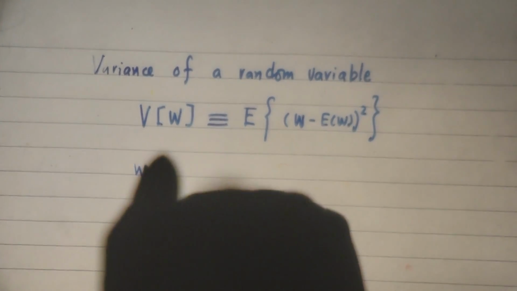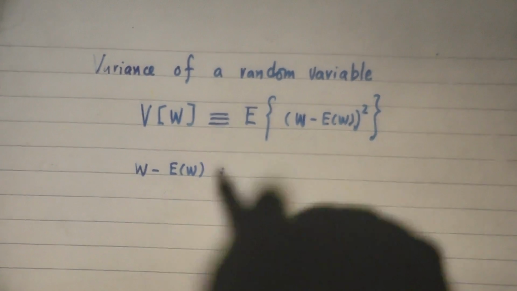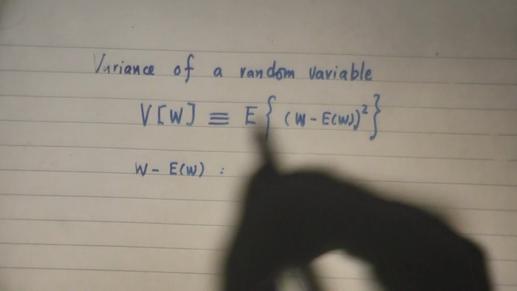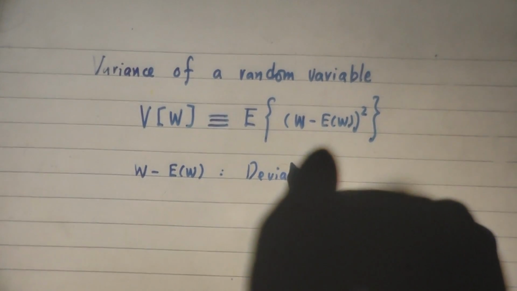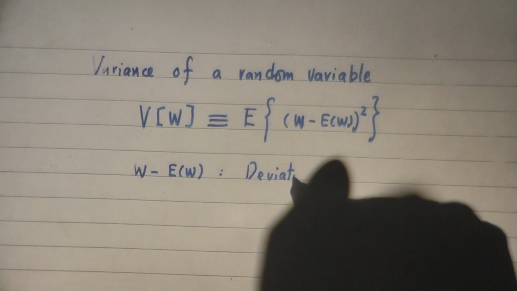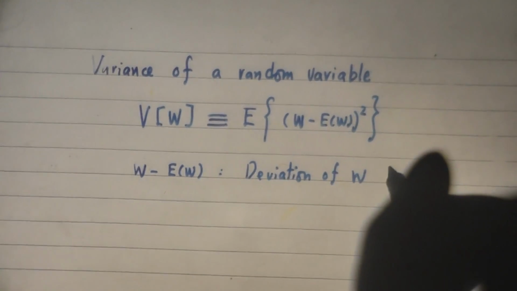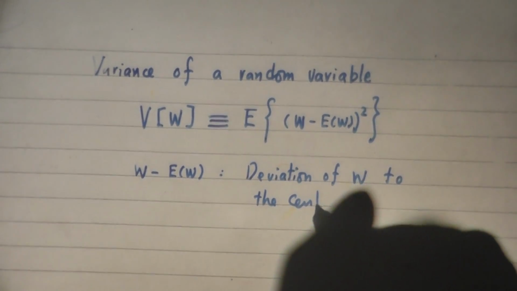Okay, let's see. W minus EW. This number is used to measure what? The deviation of W to the center of the distribution.